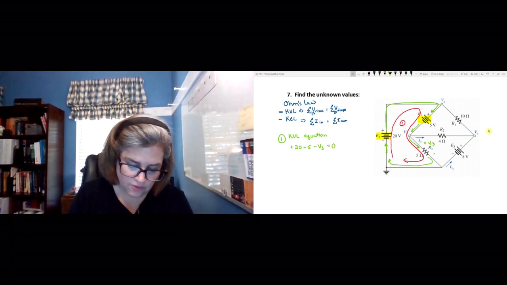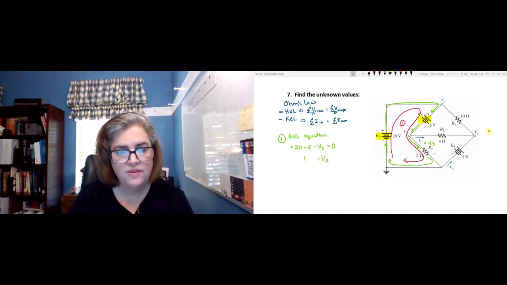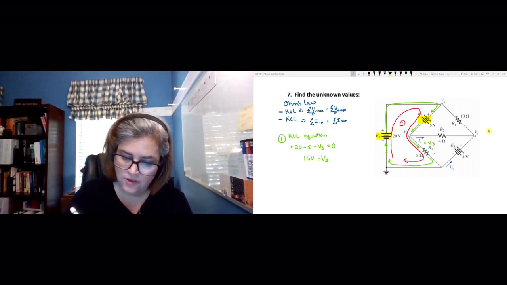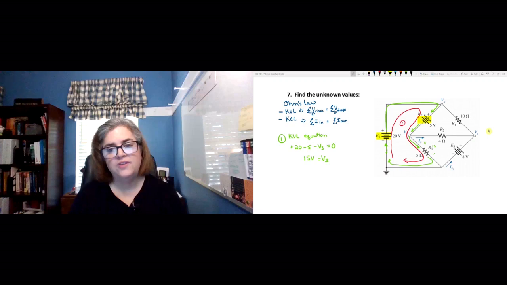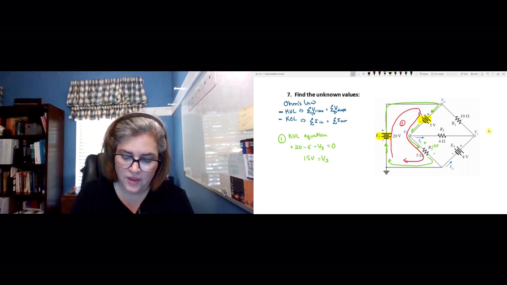So now when I solve for V3, if I move V3 to the other side, it becomes positive, and I see that V3 must be 15 volts for KVL to work, right? So this would have to be 15 volts, and my answer was positive. So what does that tell me when my answer is positive? That I picked the right direction. So those directions are right.